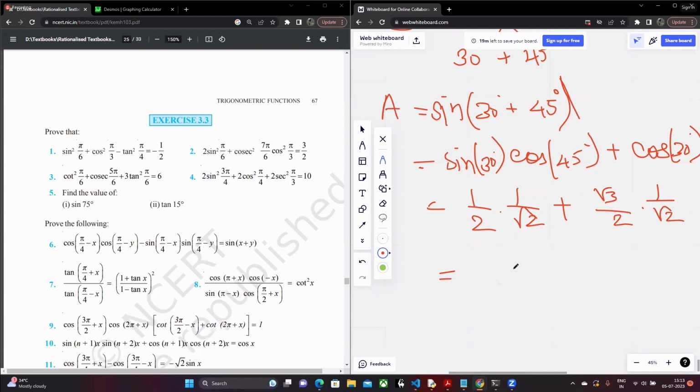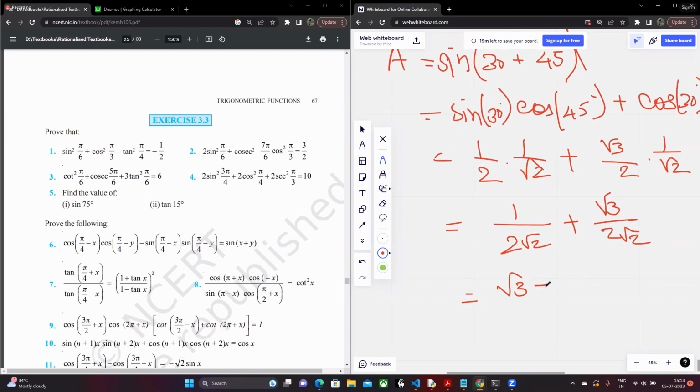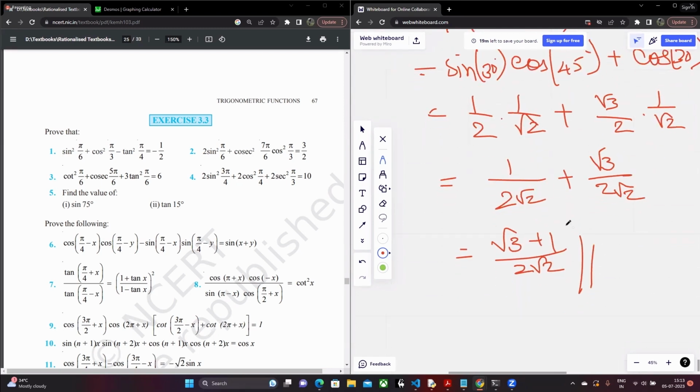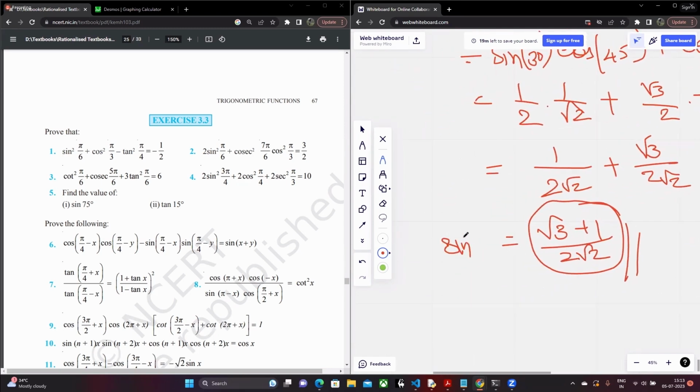So this is basically 1 by 2 root 2 plus root 3 by 2 root 2, which is basically root 3 plus 1 divided by 2 root 2. So this is the value of sine of 75 degrees.